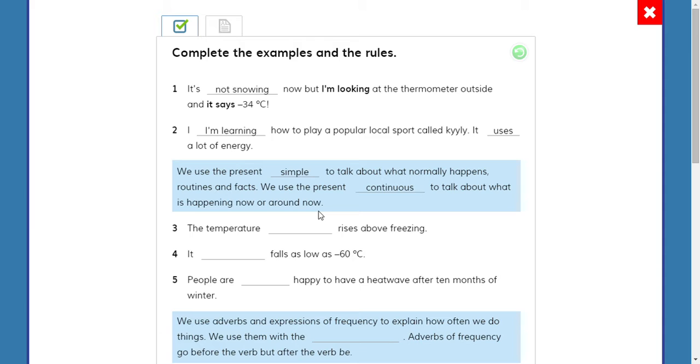For example, I teach English. I teach English every Saturday, and it's like a routine for this semester. Every Saturday, I teach English. Well, for this Holy Week, I am going to teach through a video, but I teach English. And we use the present progressive or continuous to talk about what is happening now and around.